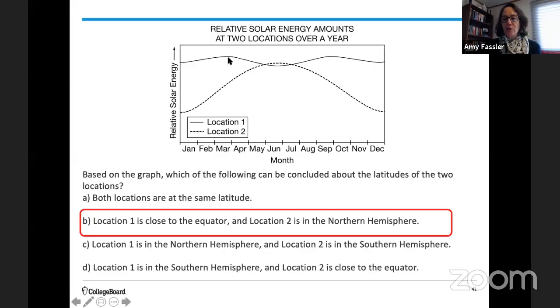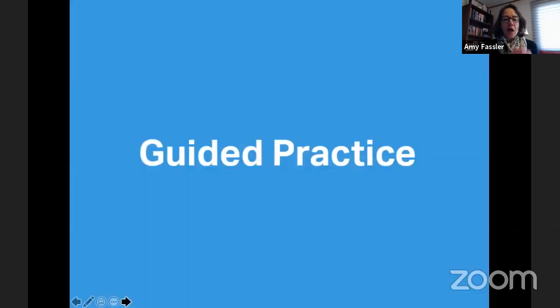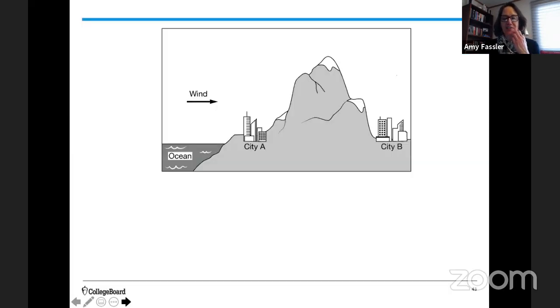Location 1 is closest to the equator. I know that location 2 is most likely the northern hemisphere because it's during the northern hemisphere months of June, July, and August that we are tilted towards the sun and would be experiencing the greatest amount of incoming solar radiation.